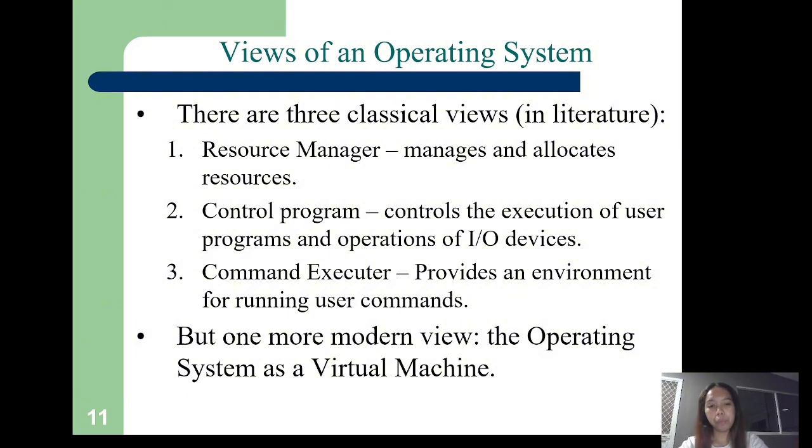Number two, control program. It controls the execution of user programs and the operation of I/O devices. The OS can also be viewed as a control program that oversees the execution of user programs or applications and coordinates the interaction with hardware devices.